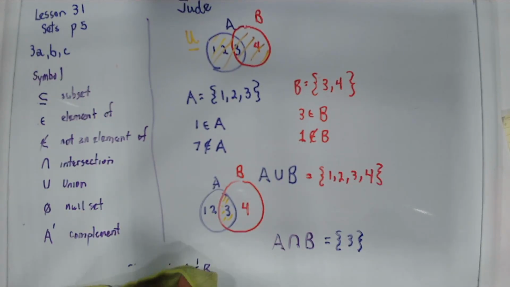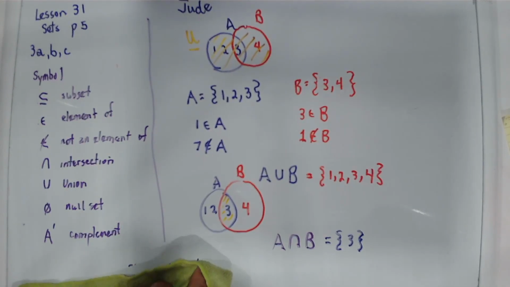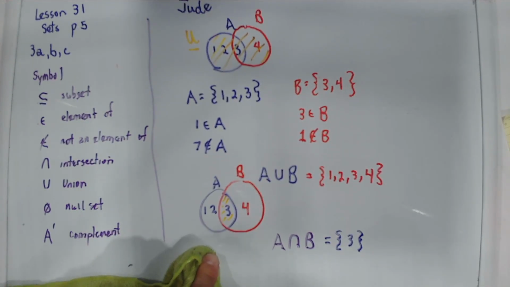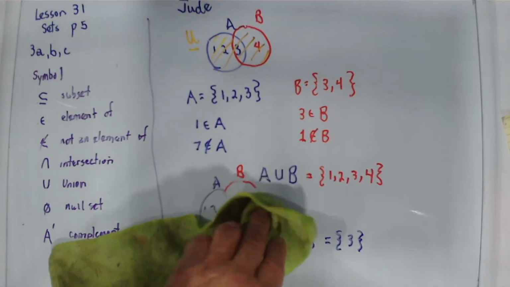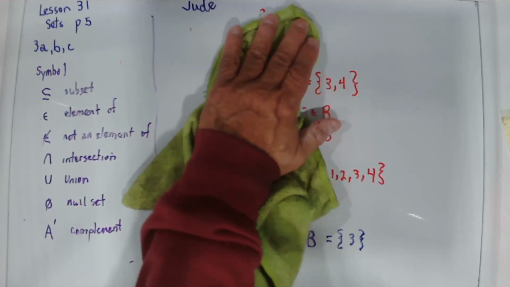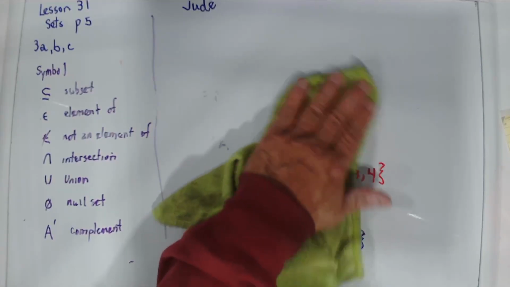Now let's talk a little bit about null set and complement. Okay. So here is a rule, and it kind of makes sense.